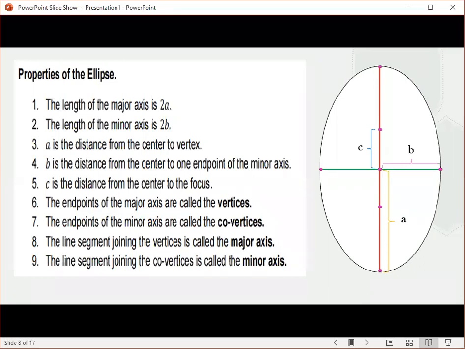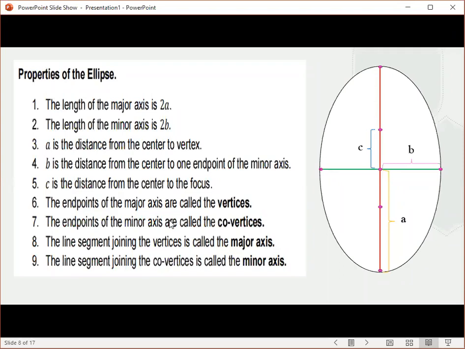Again, let's memorize our notations. a is from the center to the vertex. b is from the center to the co-vertex. And c is the distance from the center to the focus.